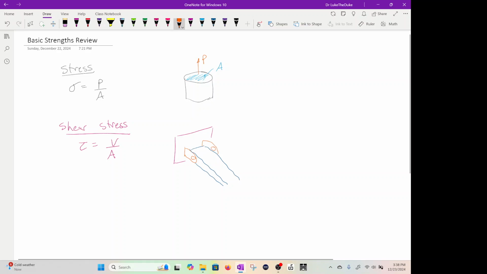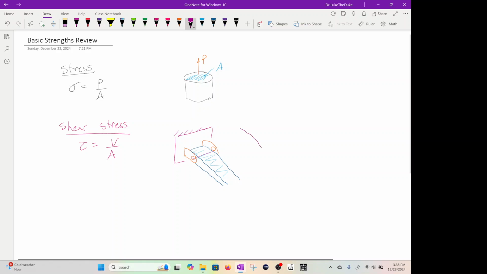So this is say like a 2x4 right here, and there's two hangers that are attached to the wall here. So this is like a wall, and then there's a pin going through here to hold it in place.